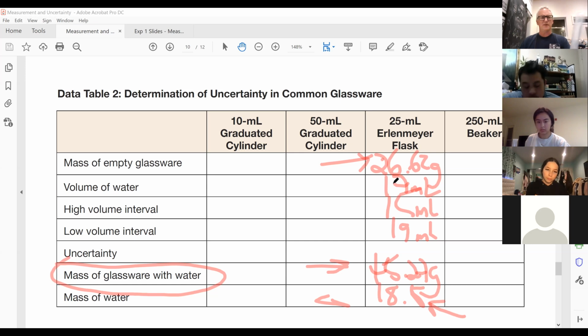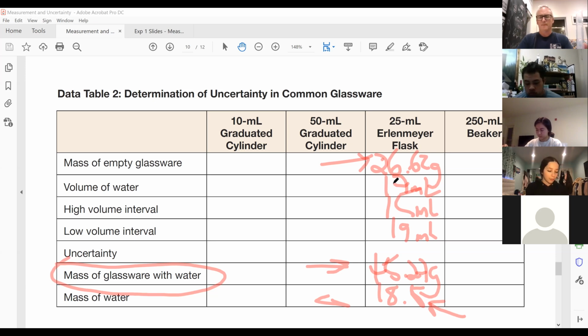It's up to you to think how accurate you can measure with this. Can you measure it with less than 1 interval? You probably can, like half an interval above, half an interval below. So probably 39.5 and 40.5. That would be your high and low interval.